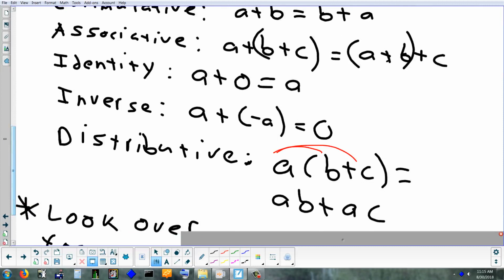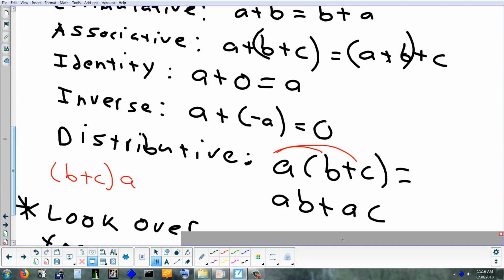Okay. How about if I had this? What's the difference between the end result if I did what's in black or what I just wrote in red? Yeah, you solve what's in the parentheses first and then multiply it?